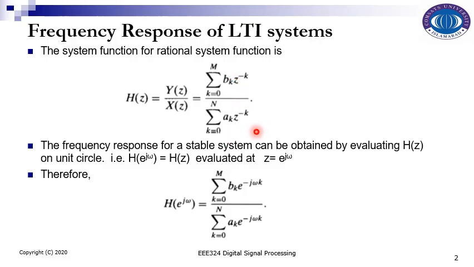So if we have a system function H(z), we can obtain the frequency response H(e^jω). We just replace z in H(z) with e^jω. So H(z) evaluated on the unit circle gives us the frequency response H(e^jω).